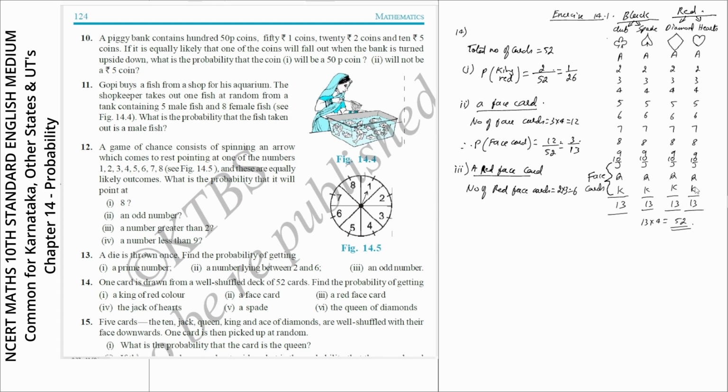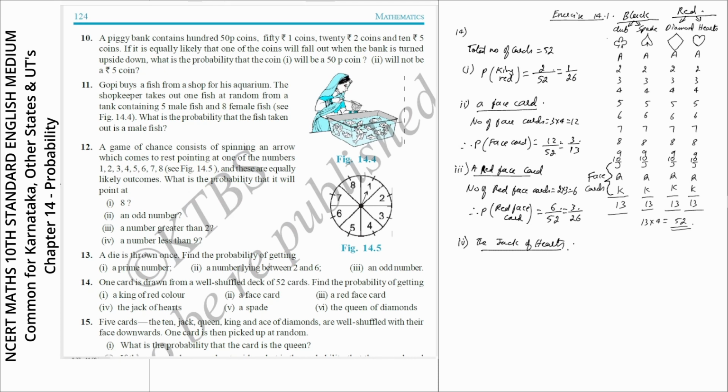Okay, therefore now probability that a red face card is picked is equal to 6 divided by total number of cards, that is 52. So you can simplify this. It is divisible by 2. 2 3s are 6, 2 2s are 4, then 2 26s are 52.